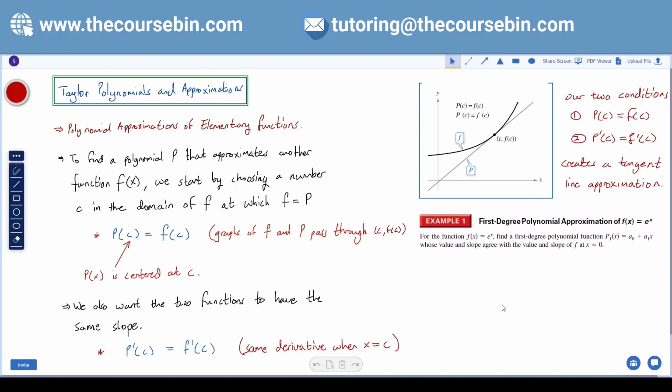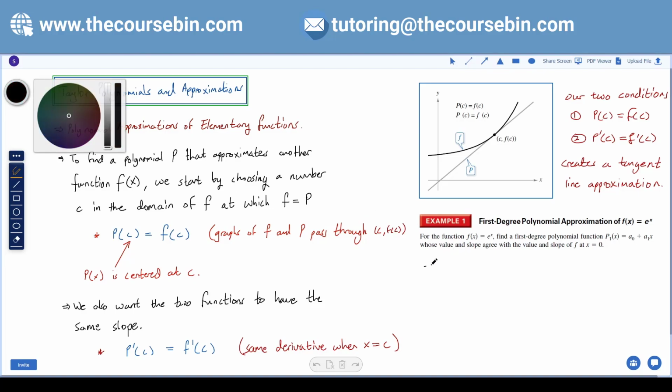In this example, it says for the function f of x equals e to the power of x, find a first degree polynomial function P1 of x equals a naught plus a1x, whose value and slope agree with the value and slope of f at x equals 0. So in this example, our f of x happens to be the exponential function, e to the power of x.